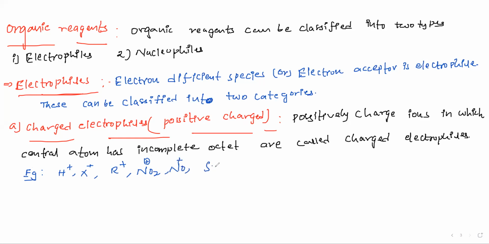And SO3H+, sulfonic acid, is also an electrophile, etc. These are charged electrophiles. And next one, keep the heading B, neutral electrophiles.